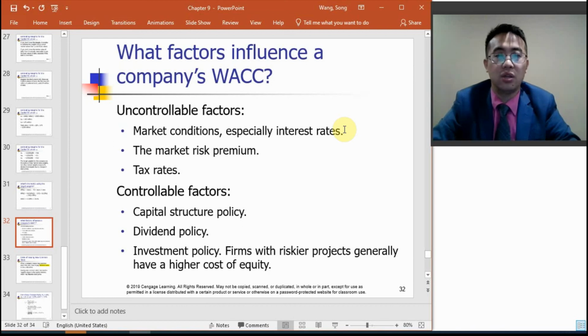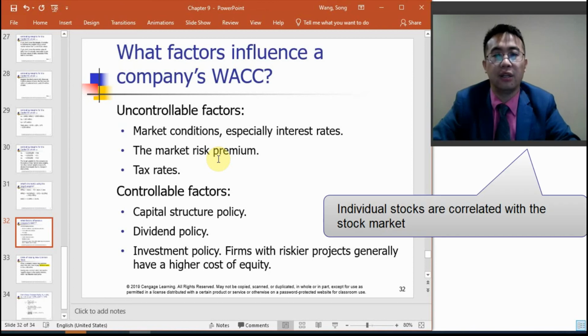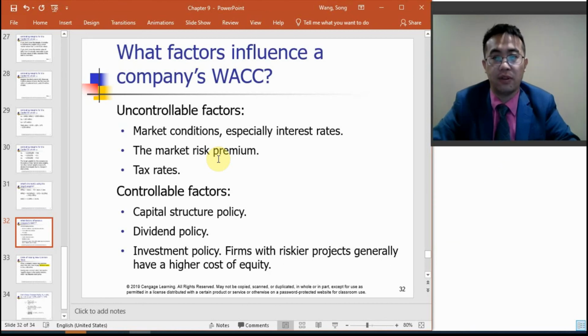So if the interest rate goes up, the risk-free rate would go up. So the bond yield should go up accordingly, and vice versa. And also the market risk premium could fluctuate depending on the overall stock market's performance. And that could affect the individual risk premium, which is for the company, and that could affect the stock return for the company and then the cost of capital for the company. And also tax rate would play a role for the cost of debt.